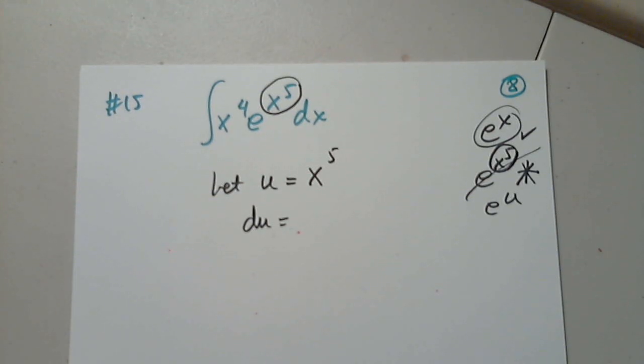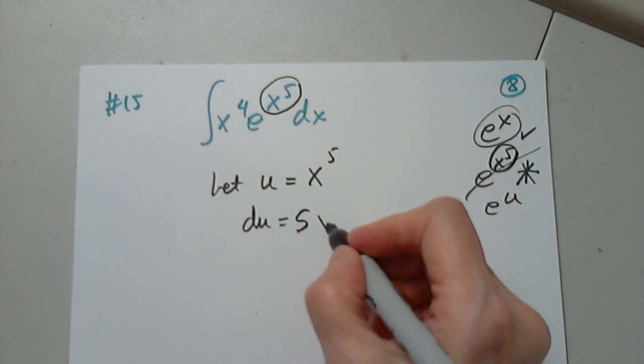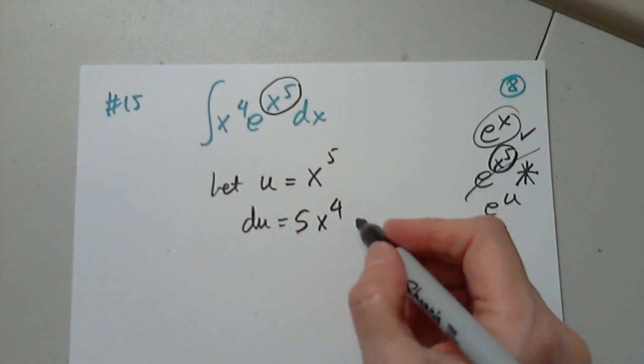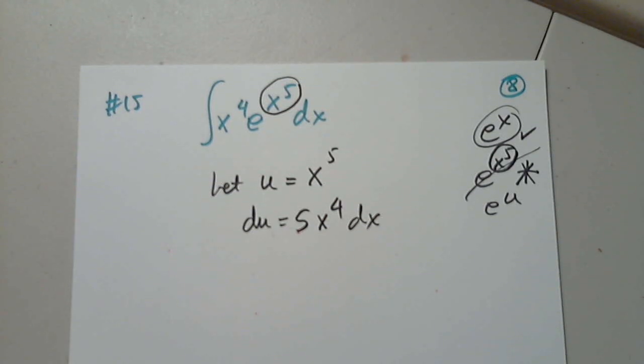Please. What is the derivative? Before we write the differential, what is the derivative of this function? 5x to the 4th power. Yes. All you have to do is just multiply by dx. That's it.